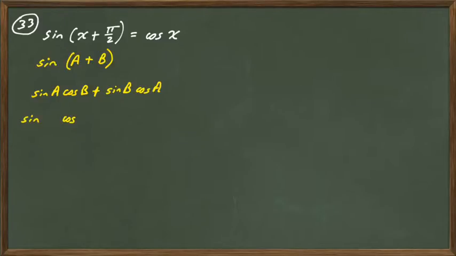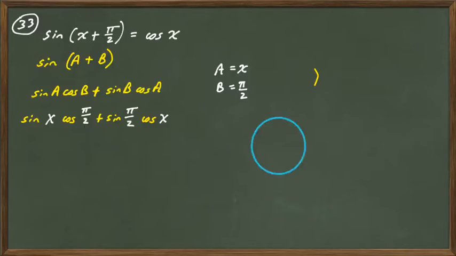Sine, cosine, plus sine, cosine. What is the A in this case? Would the A be X? So wherever I see an A, I put an X. What is B? Pi over 2. So wherever I see the B, I put pi over 2.